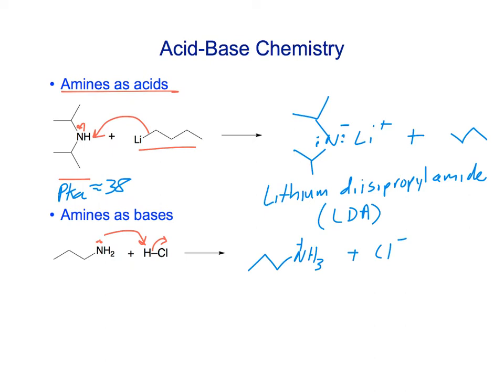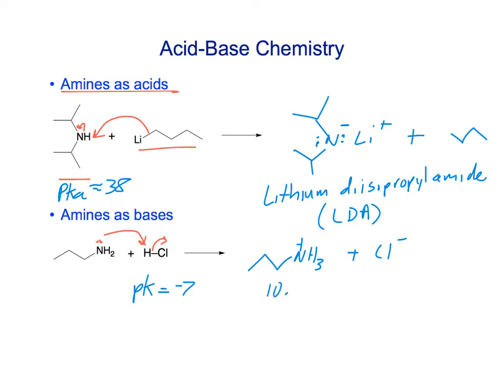Okay, the acid on the left, the pKa is something very low, like -7. And the pKa of ammonium ions is more like 10 or 11.